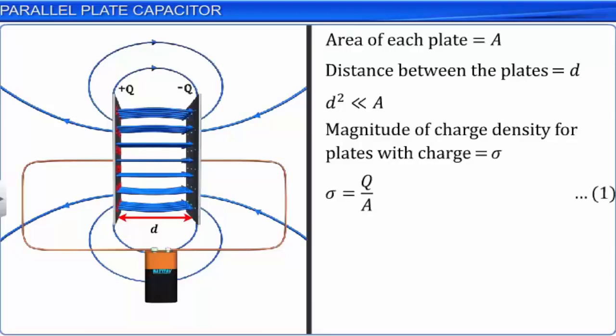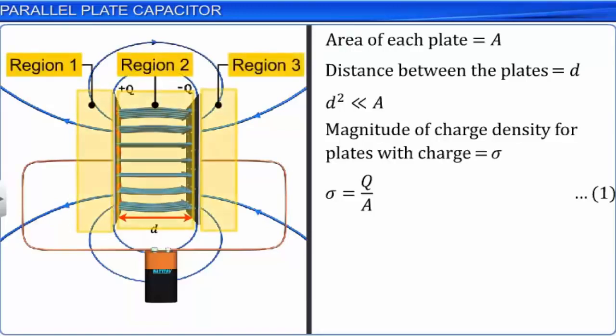Let us assume the region on the left side of the capacitor as region 1, the region between the plates as region 2, and the region to the right side of the capacitor as region 3. Let us now calculate the electric field in regions 1, 2 and 3 with respect to the capacitor.